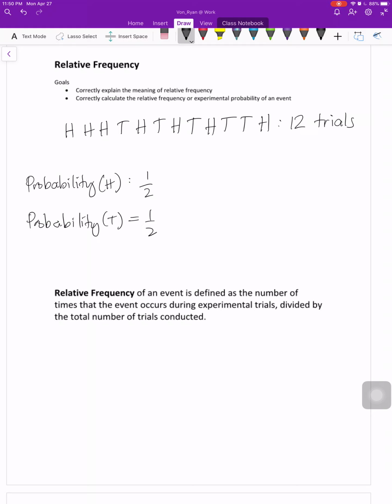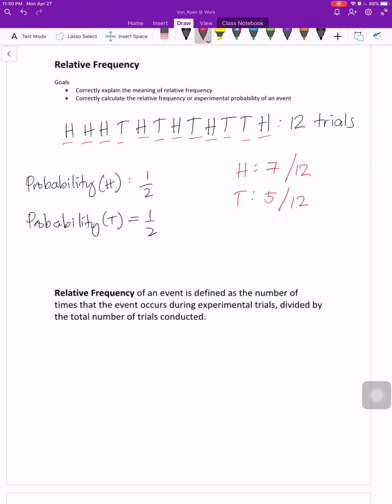It depends on how many times you toss the coin. In this case, suppose these are randomly generated results. I have 7 out of the 12 trials resulting in heads, and tails 5 out of 12.